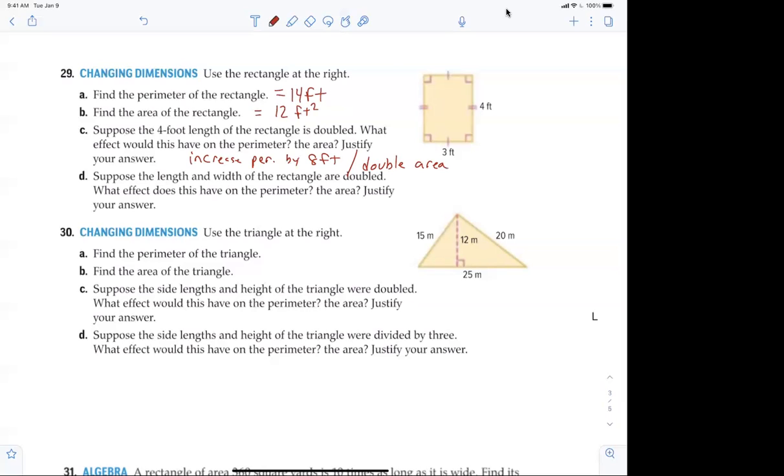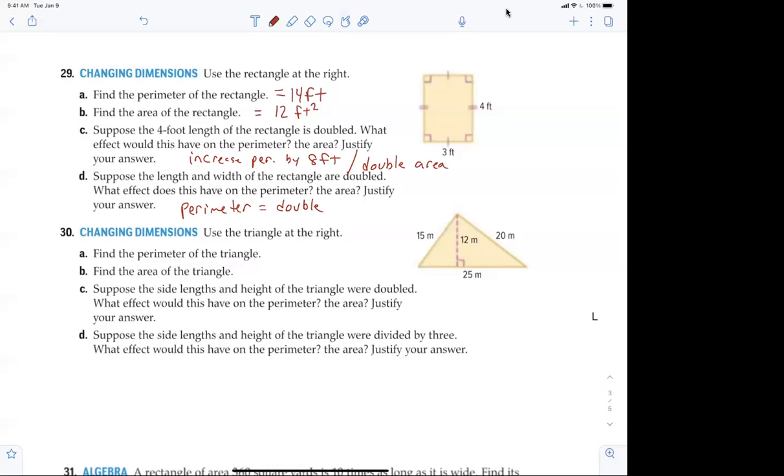Now, suppose the length and width of the rectangle are doubled. Then what would happen to the perimeter? The perimeter would double, right? And if you're not sure, you could just change it to 6 feet and 8 feet and see what that does to the perimeter.